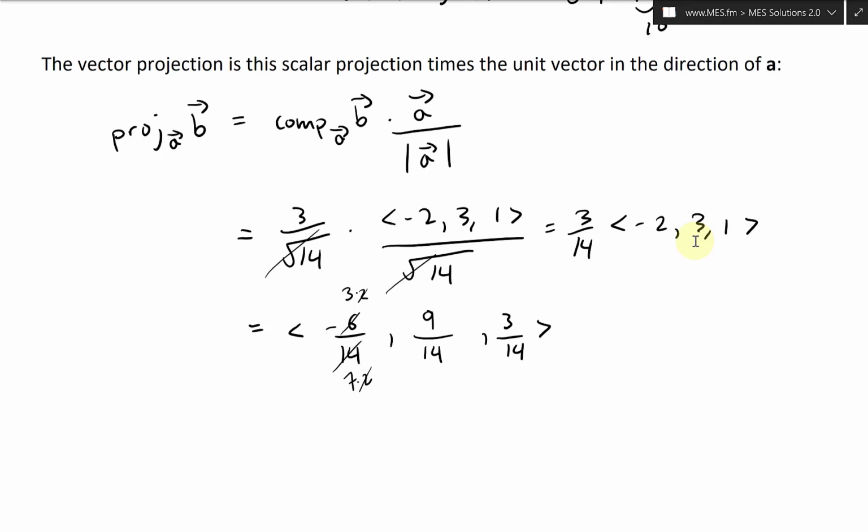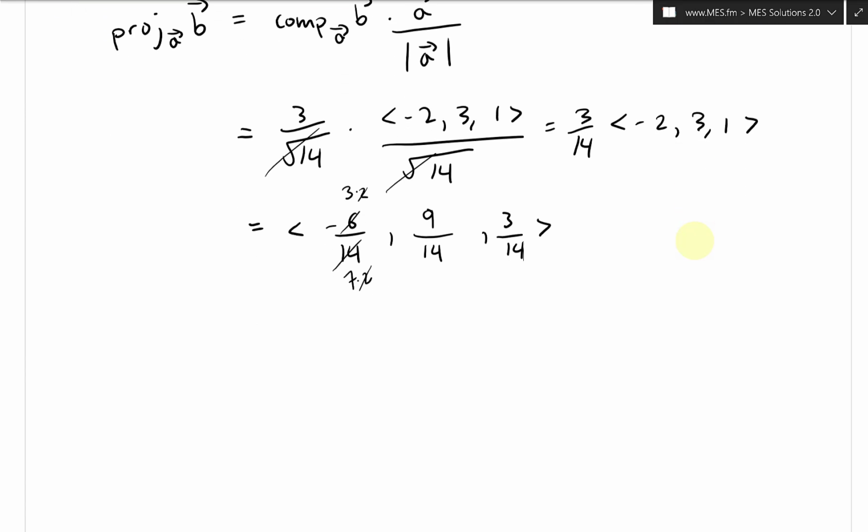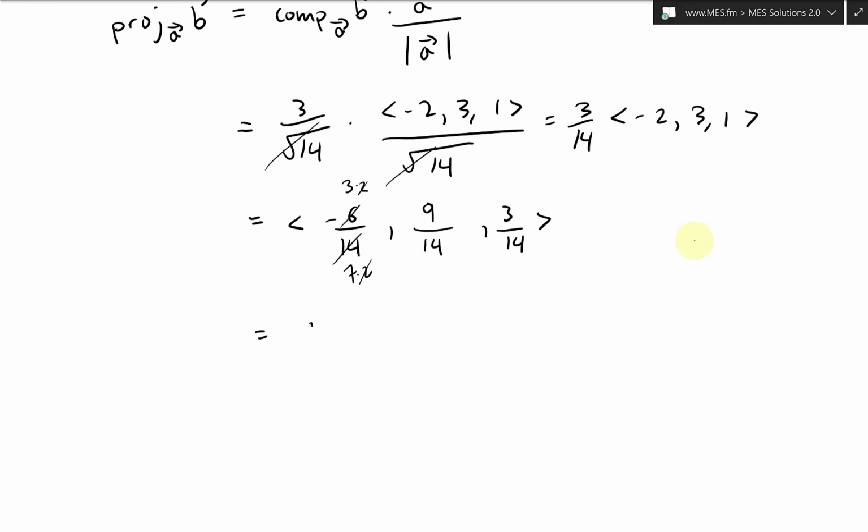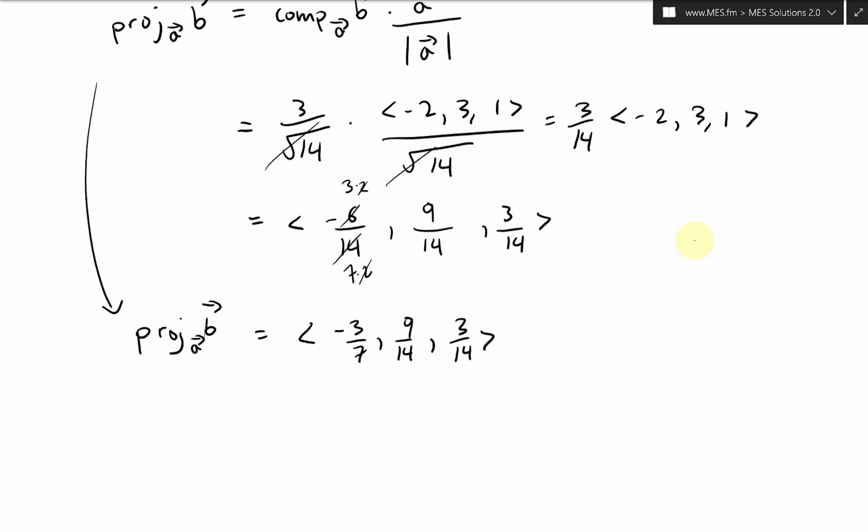So we're left with this simplified even further. This equals negative 3 over 7, 9 over 14, and 3 over 14, and this is our projection of B onto A. And this is our vector projection.